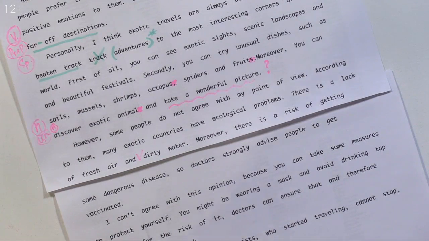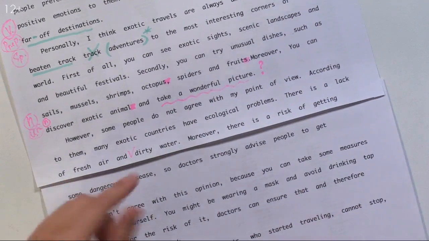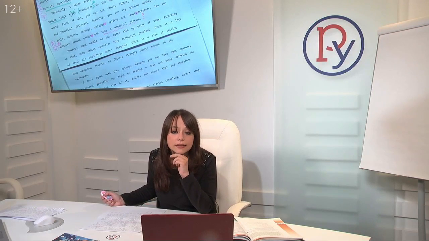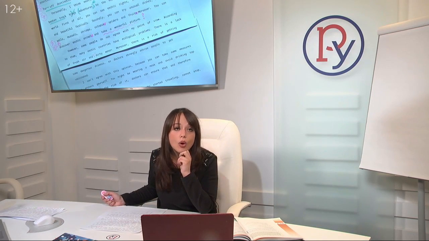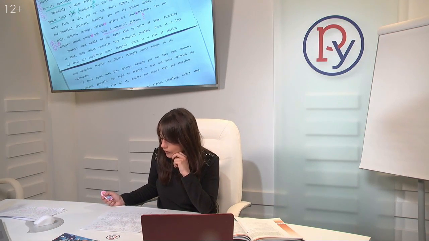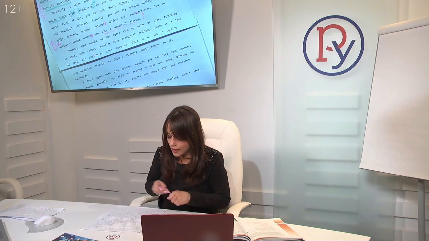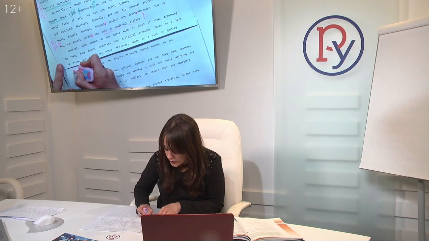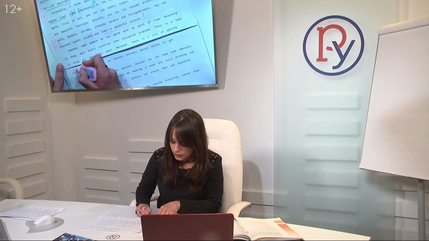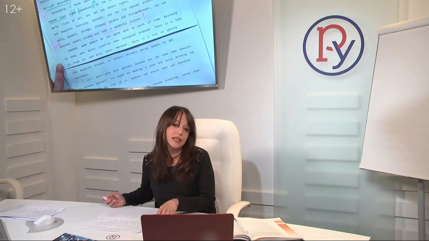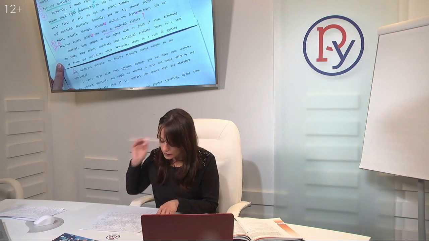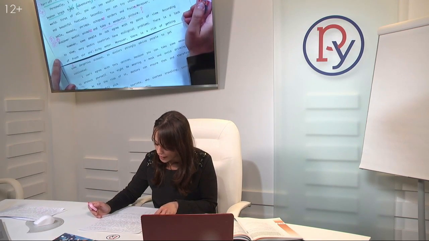This is something that we have already discussed, but we might just let our learner know that they might add a little bit over here to make it more logical, right? Moreover, there is a risk of getting some dangerous disease, or add dangerous disease might be a better idea. We can just suggest them this way of putting it.